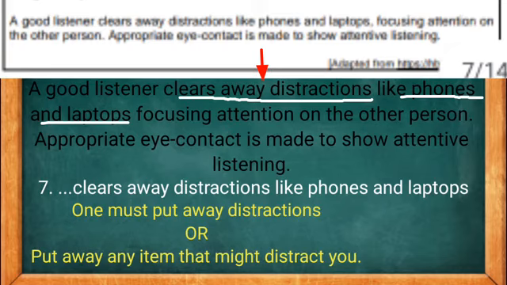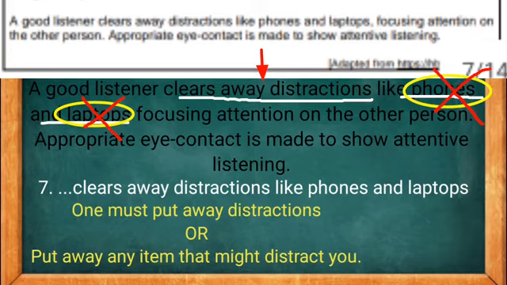If you take a look at this paragraph, there are examples that are written here: the phones and laptops. Now these are just examples, so you may not have to include them in your point. In my point, I just simply said, put away any item. Now the phrase any item includes the phones, the laptops, or anything that might cause distraction.